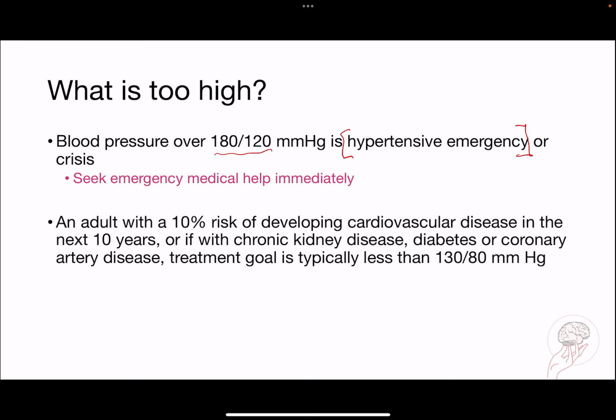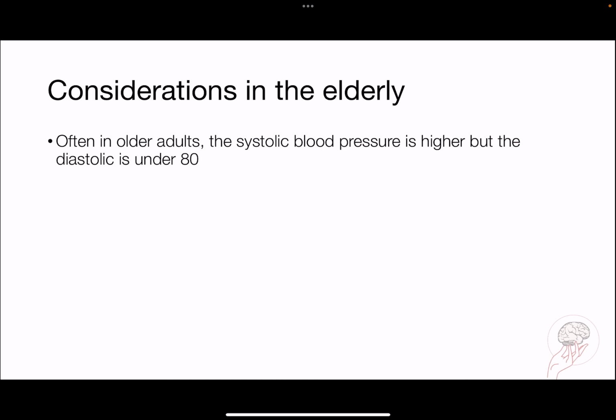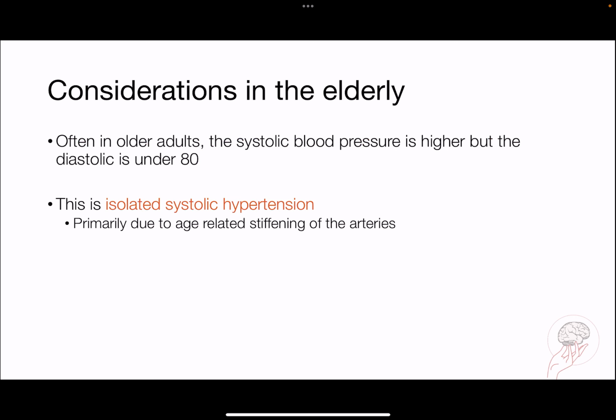So an adult with a 10% risk of developing cardiovascular disease in the next 10 years, or if they have chronic kidney disease, diabetes, coronary artery disease, the treatment goal is usually a blood pressure around 130 over 80. So often in older adults, the systolic blood pressure is high, but the diastolic can often be under 80.